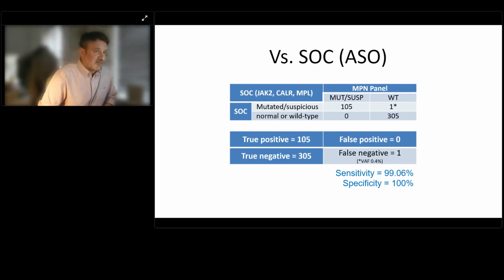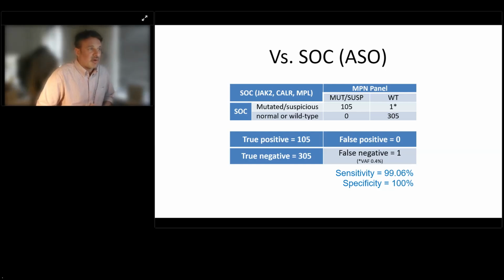This is versus standard of care, so the PCR-based test that we use. We did detect a single false negative. That's because it's very likely that this sample actually has a variant which is below the limit that we're actually trying to detect. So we've now validated an additional ddPCR assay, which can support us in our confirmations, which gives a very accurate VAF. And this particular sample has a VAF around 0.4%.